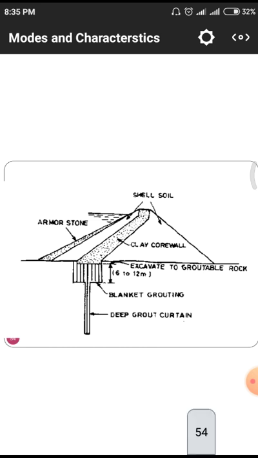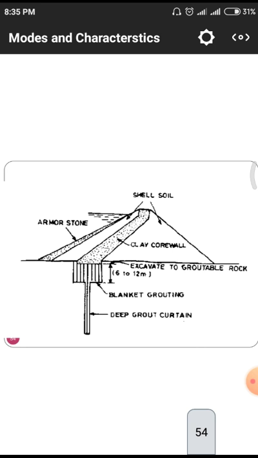Here also we have to observe the total dam, the earthen dam. The earthen dam has different quantities of materials. On the top we have armor stone. In the shell of the soil they have different quantities of materials, and in between the shells they have some clay core. Why?